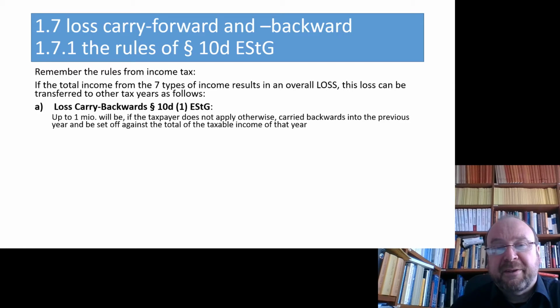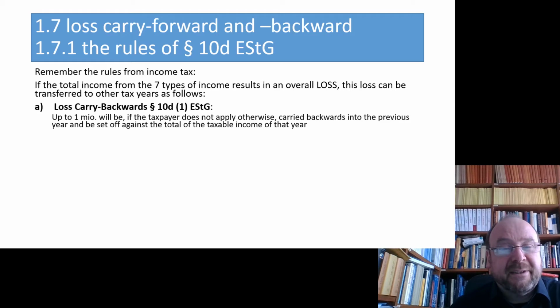So you can't allow people loss carry backward of 500 million or so, because that is money which you already have spent. So a loss carry backward can only be allowed in a rather limited way, which does not affect the total tax revenue of the state too much.